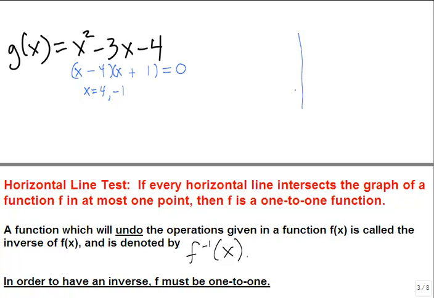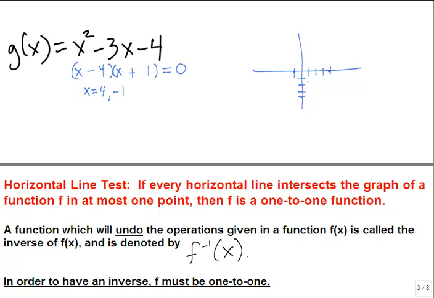So if I were to draw a graph, I know that this graph hits 0 at x equals 4 and x equals negative 1. So I know a couple of intercepts. You could even graph the y-intercept. We know that when x is 0, these two terms would go to 0, leaving me with a y value of negative 4. So you could also plot that as well.